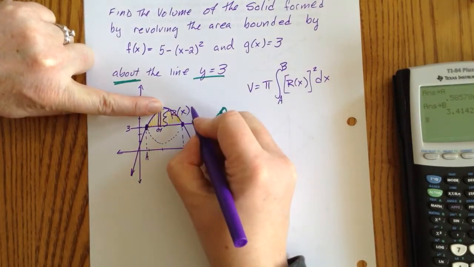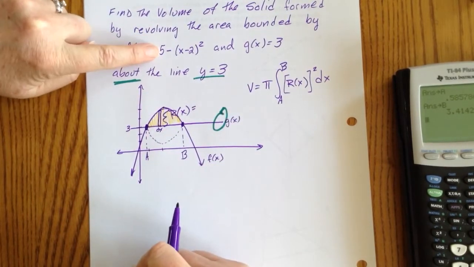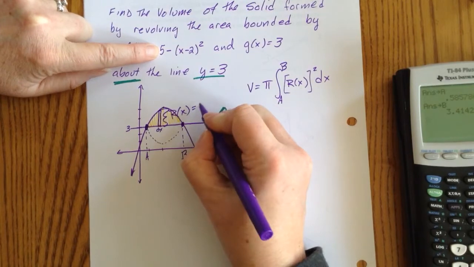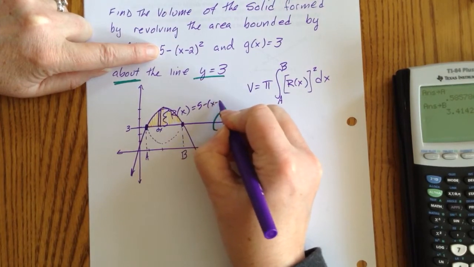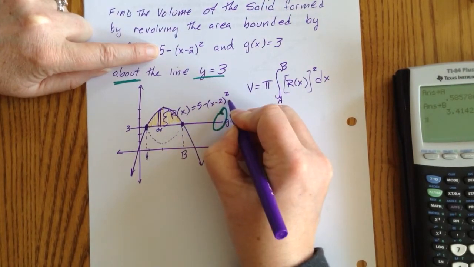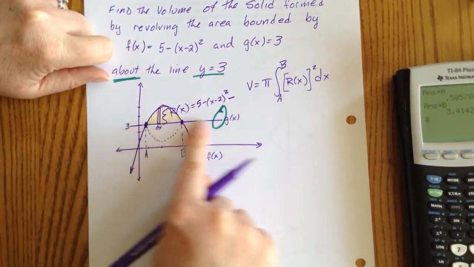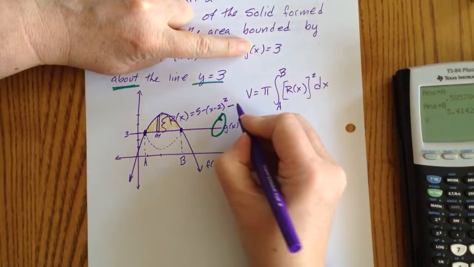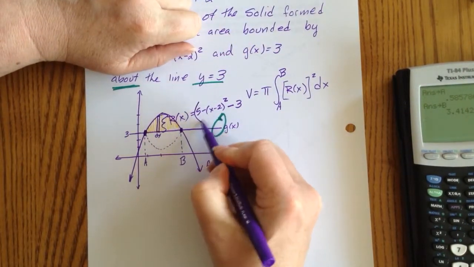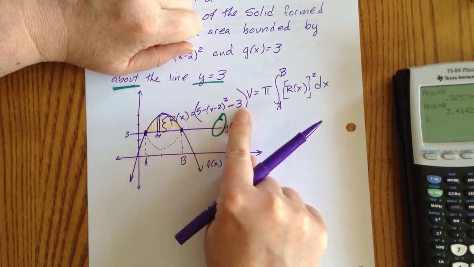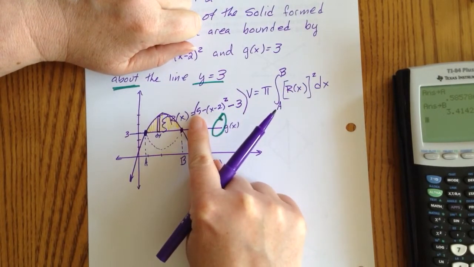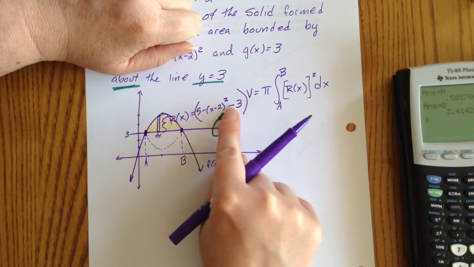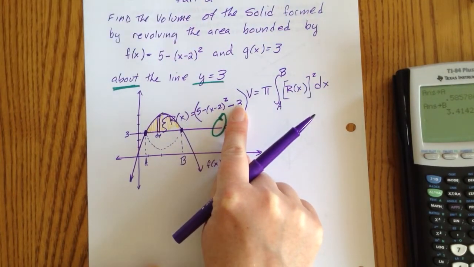So my R of x will be f, it's right here, 5 minus x minus 2 quantity squared, minus g, 3. Now, you can simplify that if you want to. Obviously, 5 minus 3 would make a 2, so you can simplify that.